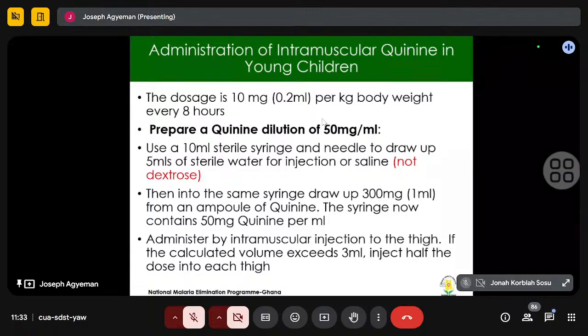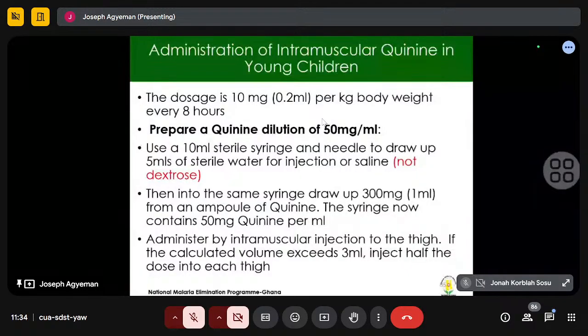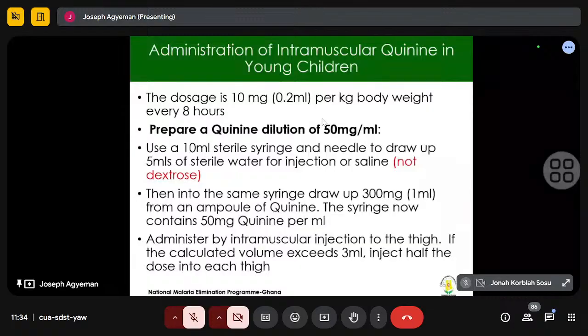Okay, please continue. So then, how do we get the volume that contains the required dose? And the advice here is that for pediatrics, if per the weight, the required volume of the diluted solution will be more than 3 ml, divide into 2 and give it simultaneously into separate sites.